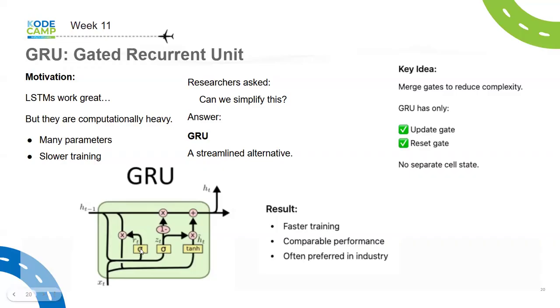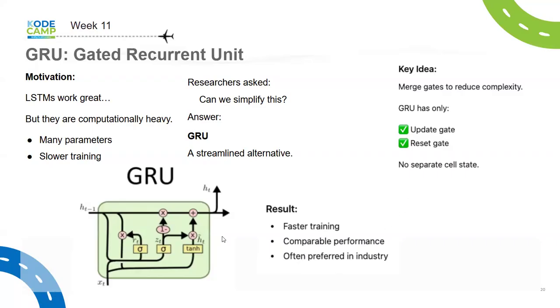The update gate now determines how much of the previous hidden state comes across, right? And then it's concatenated again with the input, then goes straight to the tanh. Then you have a reset gate. And the reset gate, we'll look at it in detail before we see the math.